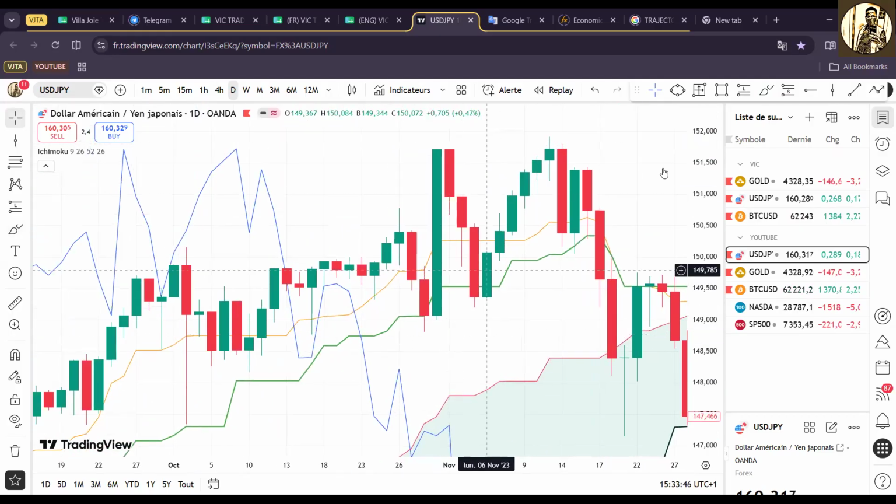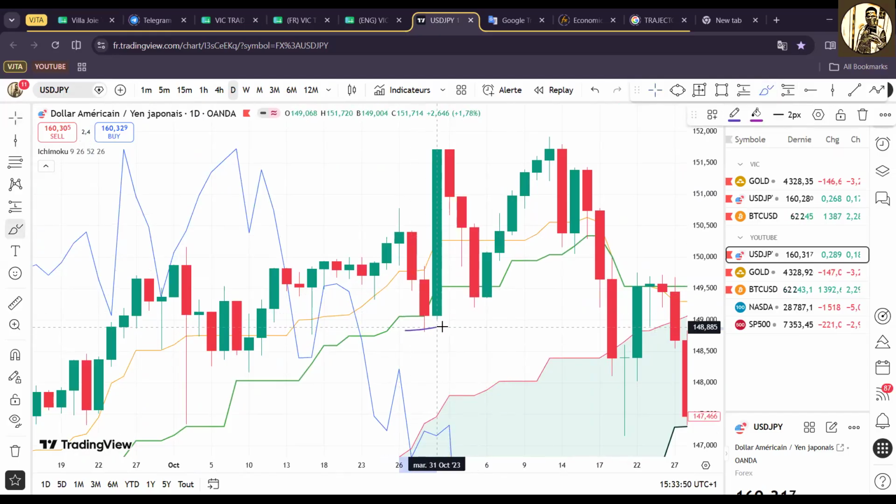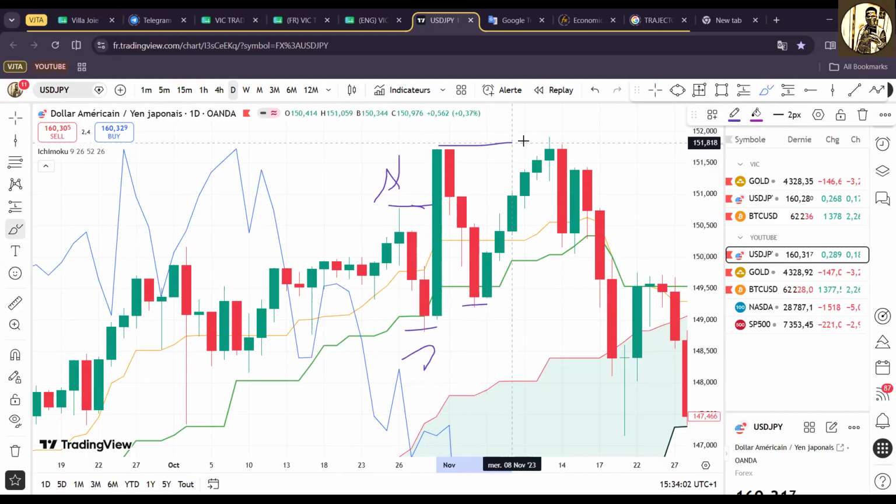Look at this Kijun, for example. This first touch of Kijun has been created here, isn't it? And that first touch of Kijun has created this V breaker. The second touch of Kijun also created a V breaker here, right?